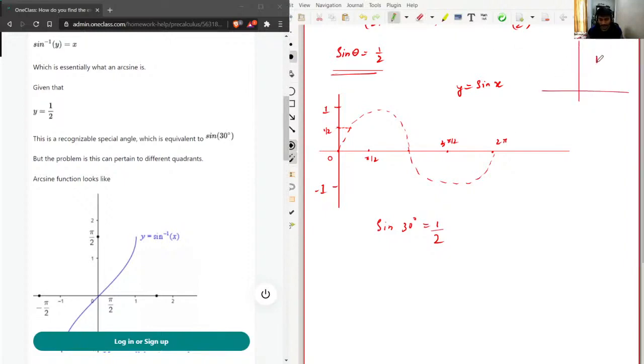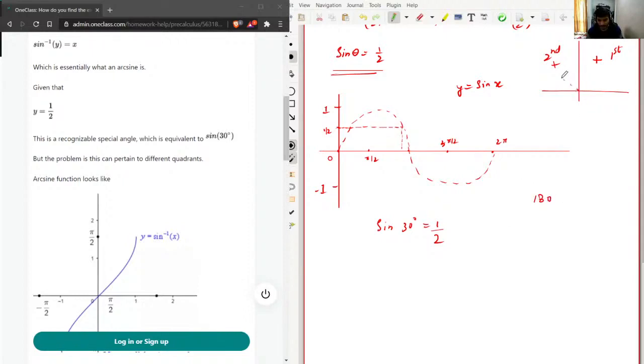sine is positive in the first quadrant and sine is also positive in the second quadrant. So if I see, I'm also getting a value here, and it is going to be the sine of this angle.